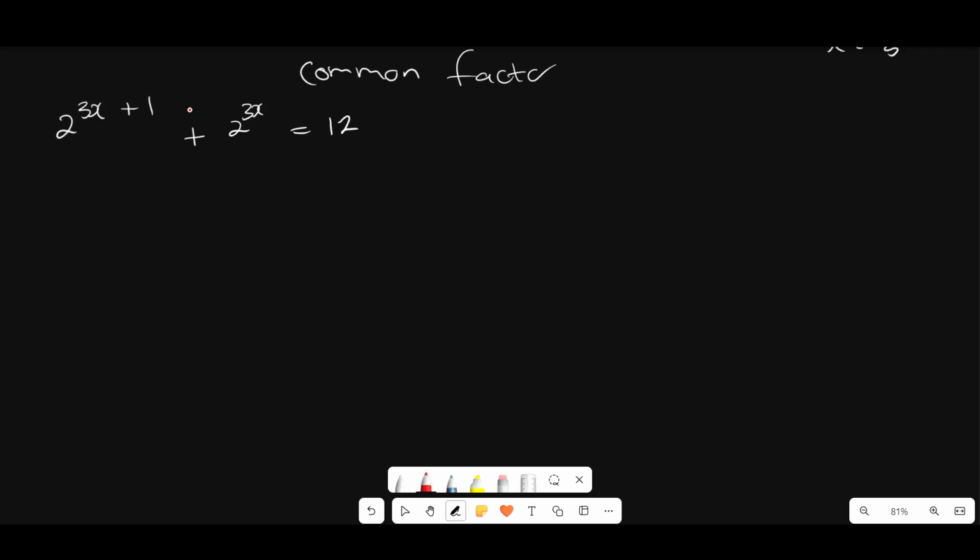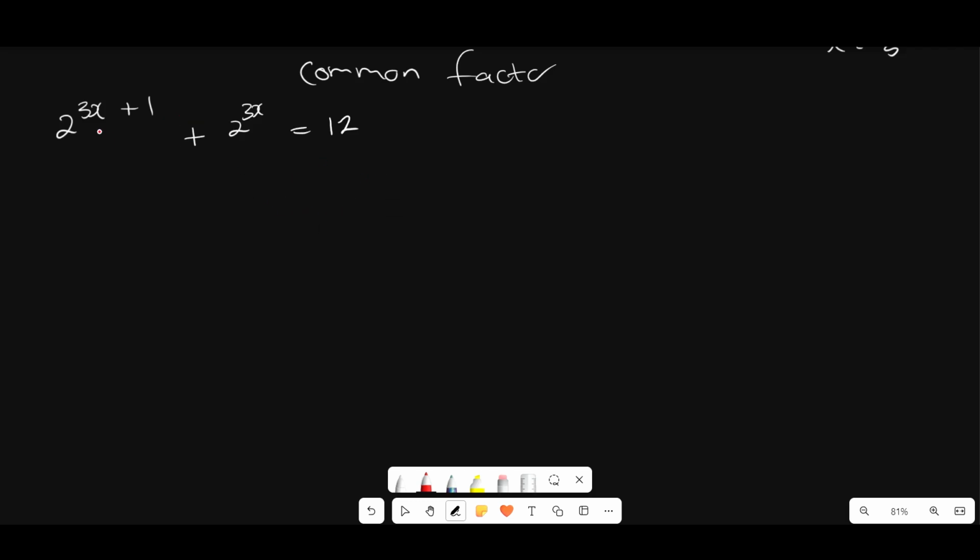Now whenever you have an addition or subtraction, there will always be a common factor. You always have to do a common factor, unless it is in the form of a quadratic equation, in which case you will have to let something equal k and then factorize the whole thing.